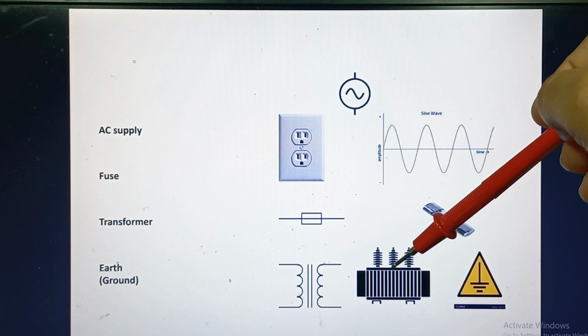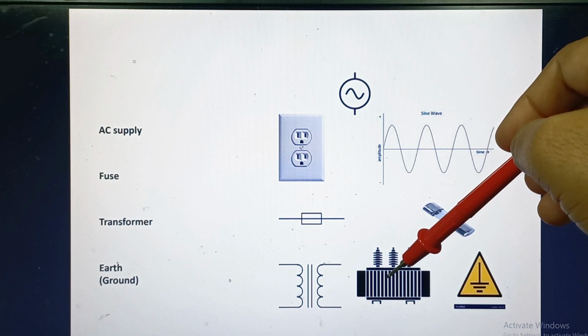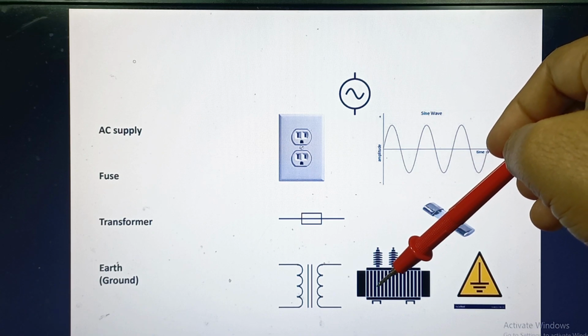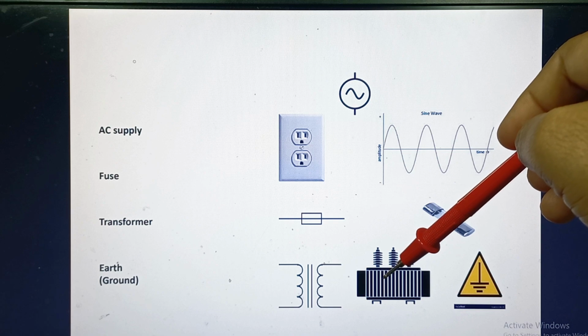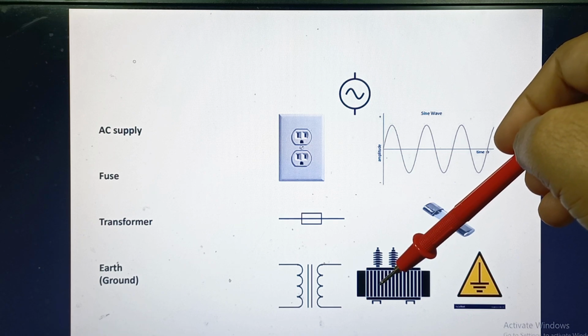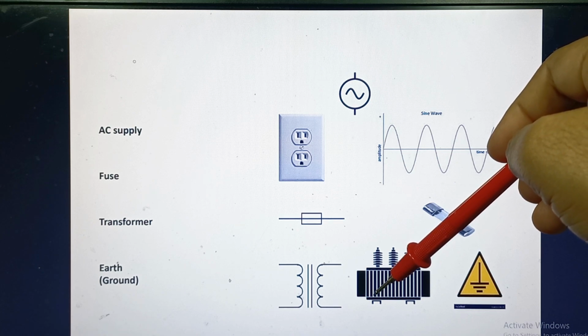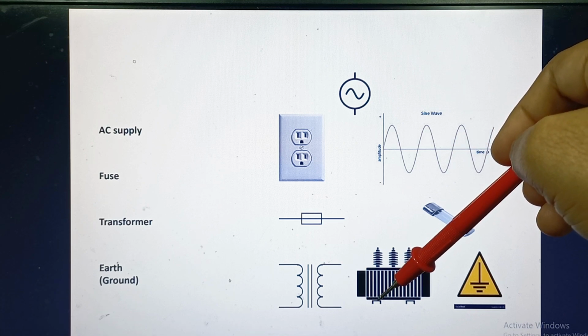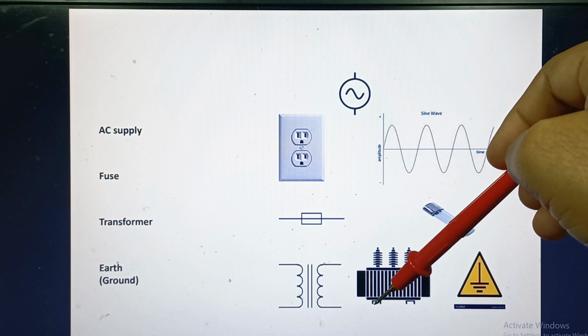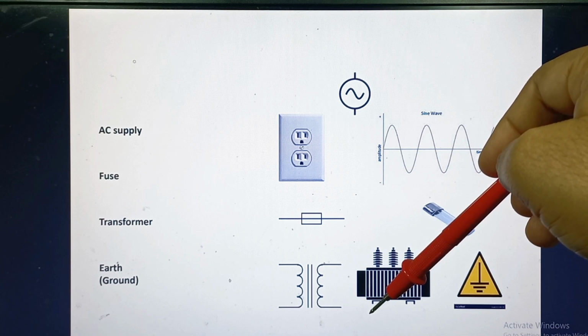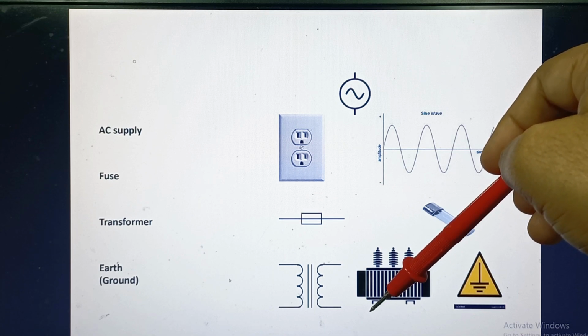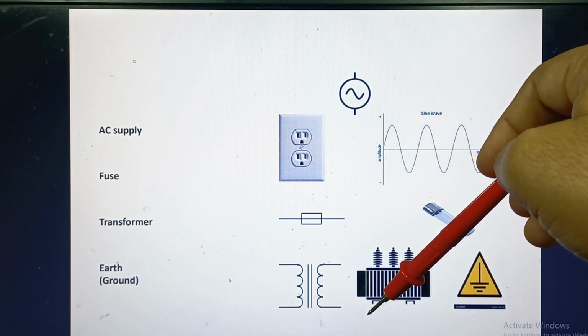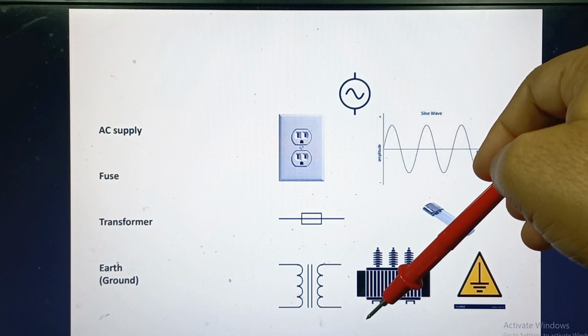A transformer is a device that transfers electrical energy from one side of an alternating current circuit to one or more other circuits, either increasing, which means stepping up, or decreasing, which means stepping down the voltage.